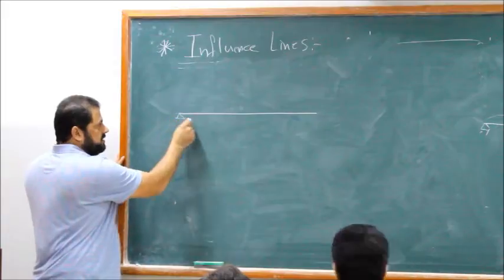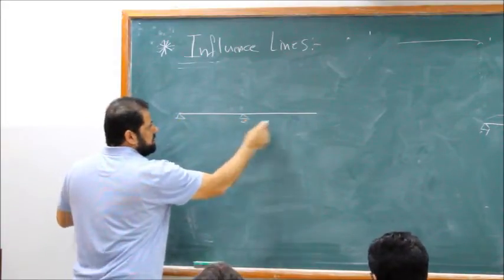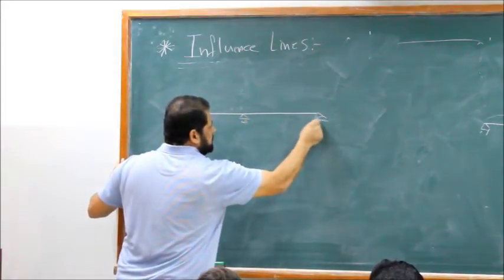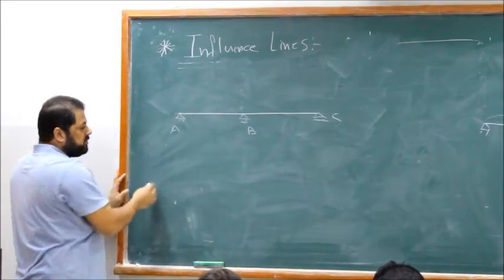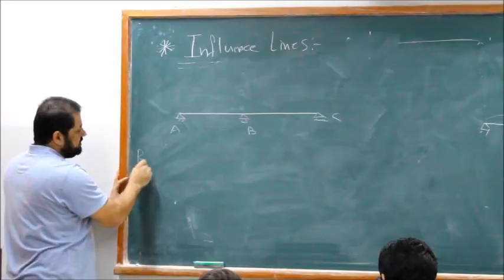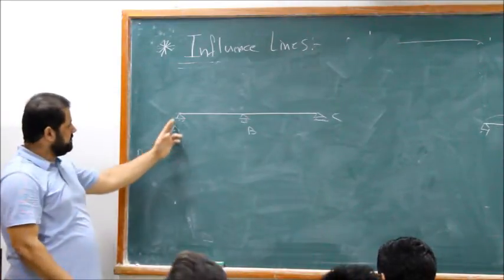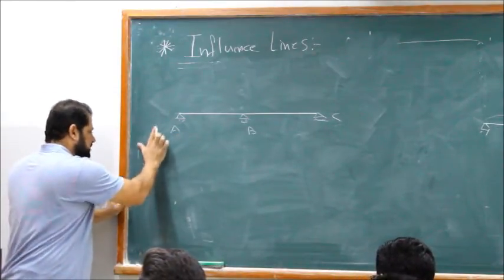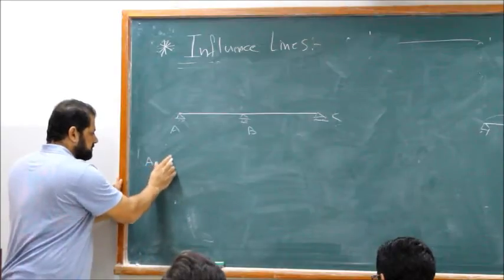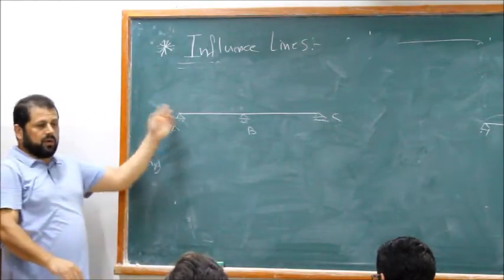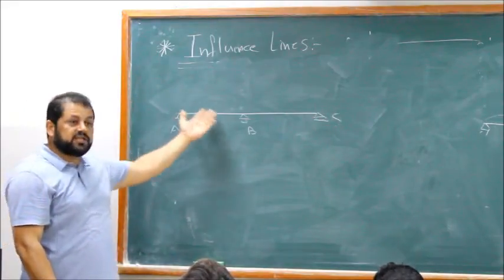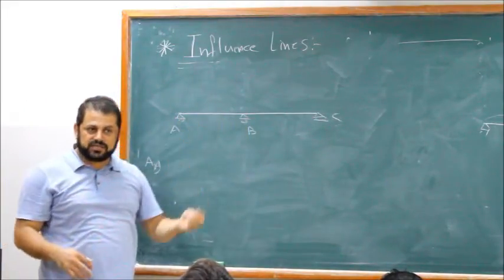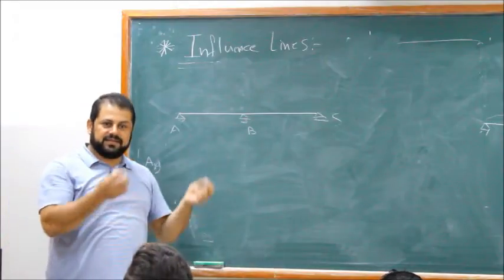So if you have A, B, and C, and you want to draw the influence line for the vertical reaction at A, let's call it A1.